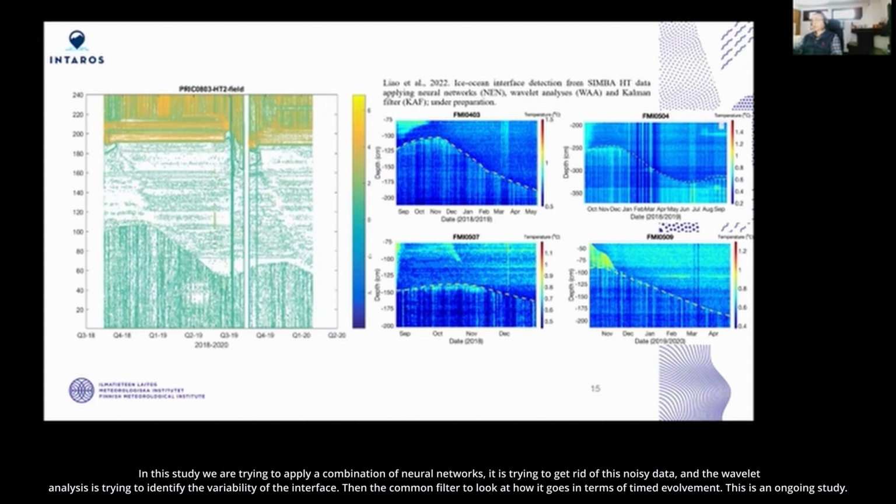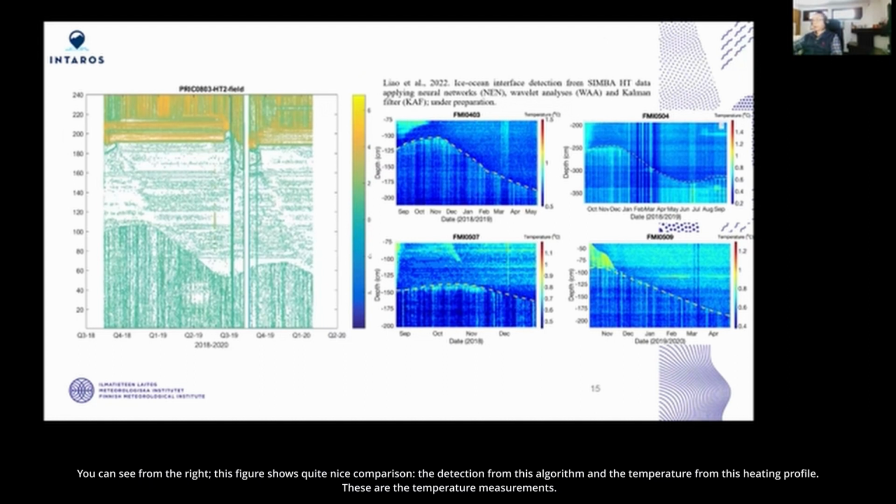These are ongoing studies, and you can see on the right, this figure shows quite a nice comparison between the detection from this algorithm and the temperature from the heating profile.